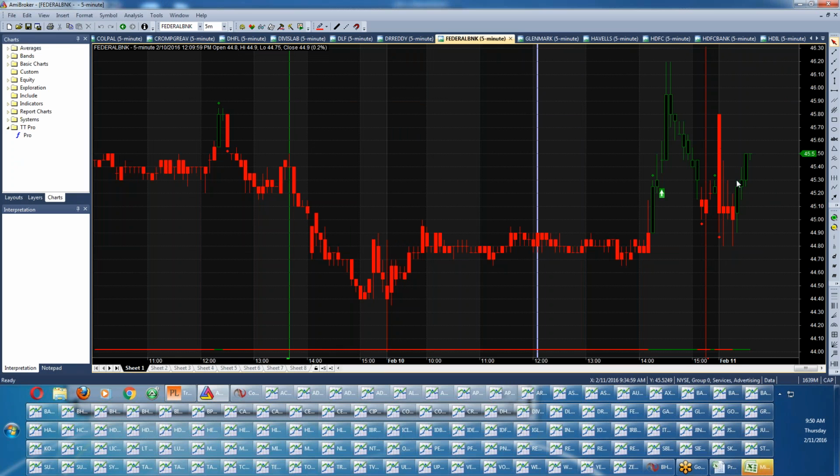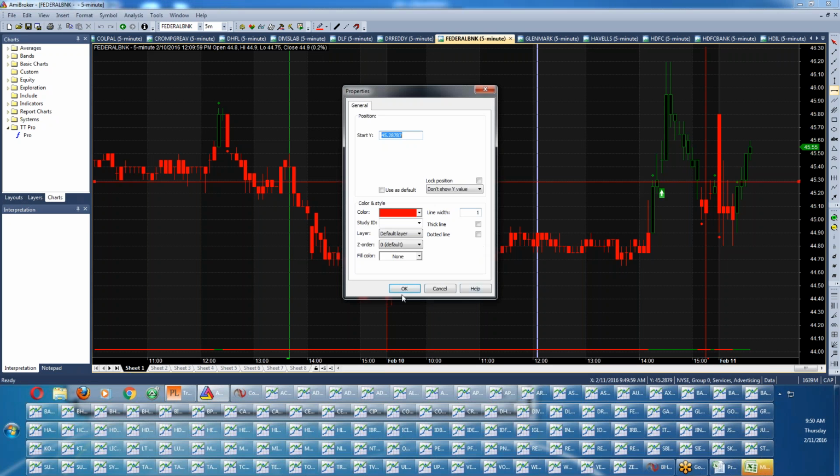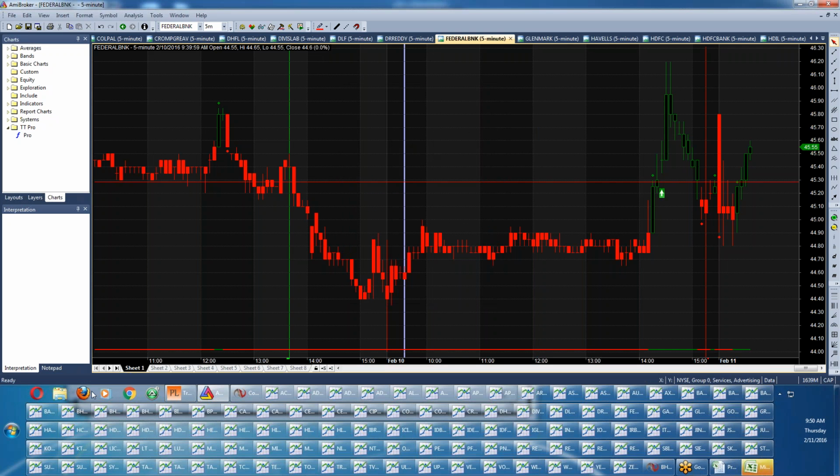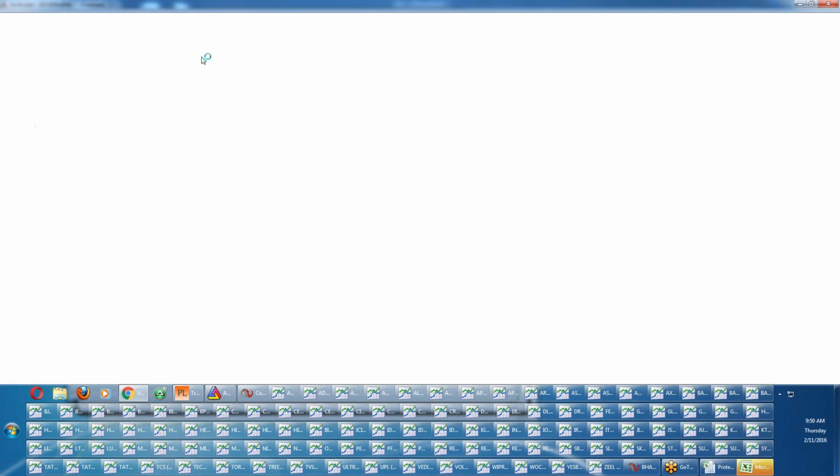Federal Bank is doing good. You have a buy alert here, and you'll get a buy confirmation also. So your buying price is 45.30 for Federal Bank. In fact, most of the PSU banks are doing good. So we can always check that here in our NSE portal, the sectoral indices.